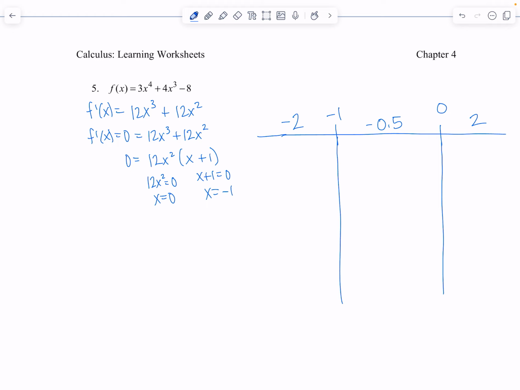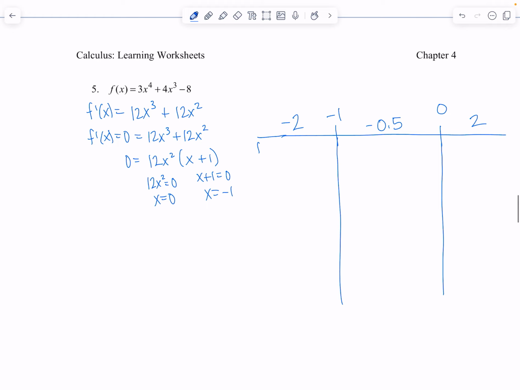Okay, so f prime of -2 is 12 times -2 cubed plus 12 times -2 squared. Oh, that's so messy.